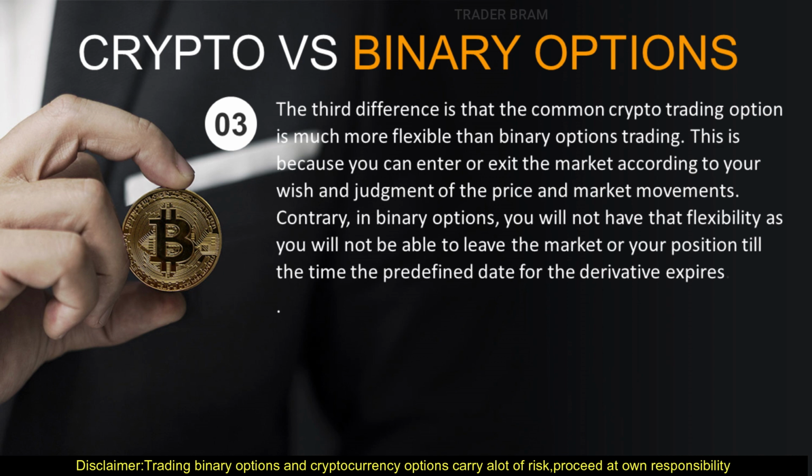You will only be able to leave the market or your position at the time the predefined date for the derivative expires. And mostly in binary options, we usually trade with the 1 minute, 5 minute, or 15 minute time frame. So till the 1 minute has expired or 5 minutes has expired, that's when you can leave the market. Up to this point, we now understand the differences between the two.